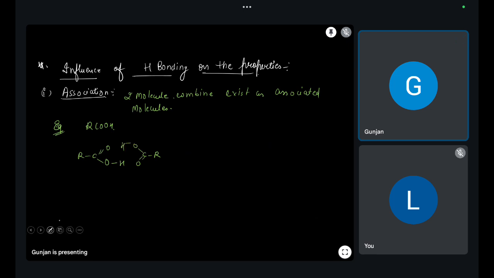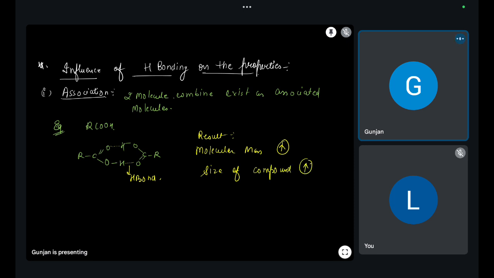Here there is formation of this hydrogen bond. So the result is the molecular mass increases, and the size of the compound increases. Got it? Yes, ma'am. Got it.